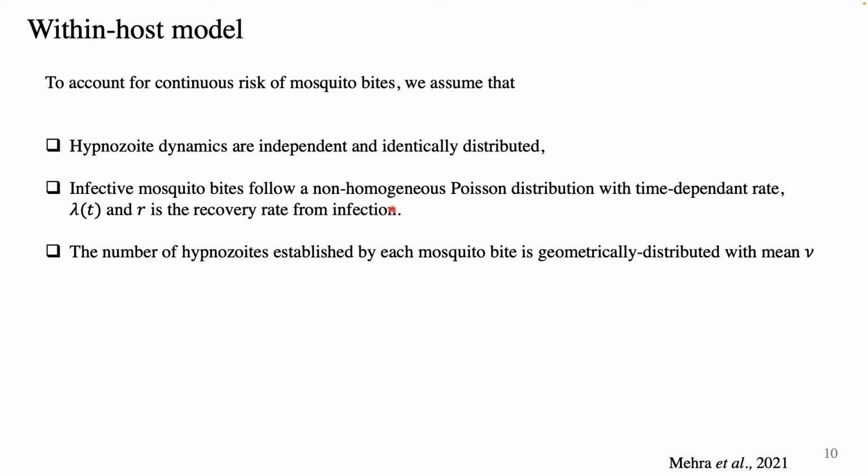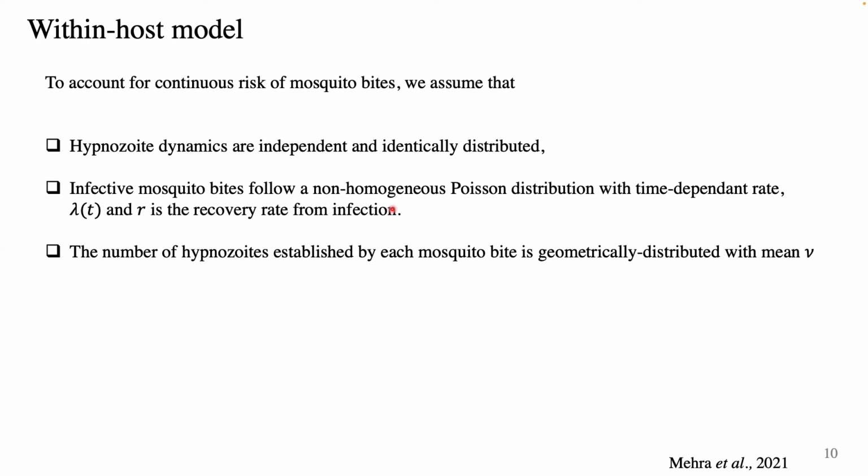In the literature, one model developed by White assumes a collective dormancy. That means if you get bitten by mosquitoes and you have, say, 7 hypnozoites, their assumption was that the 7 hypnozoites progress at the same rate.